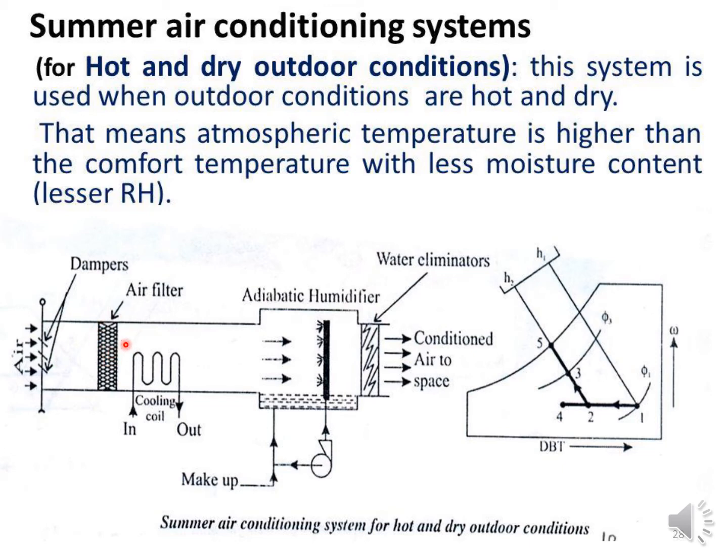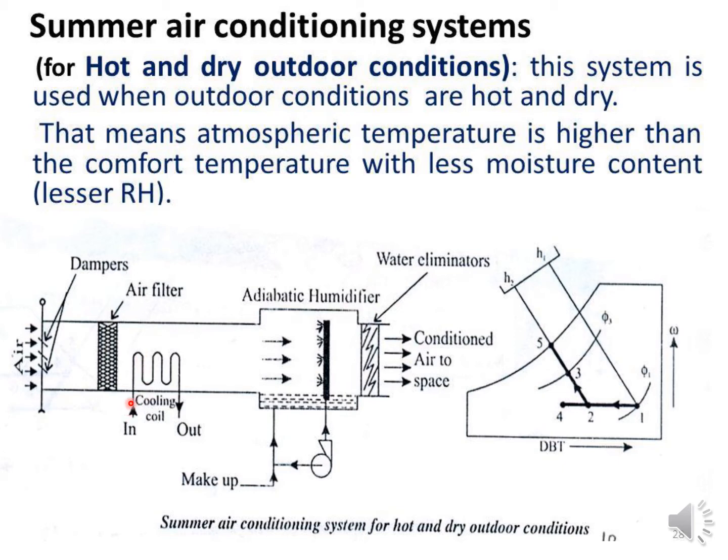That filtered air is passed through the cooling coil. Air coming at around 35 degrees Celsius will come in contact with the cooling coil, and the heat is going to transfer from the air to these coils. These coils contain cold water.